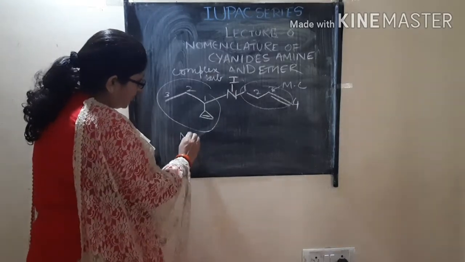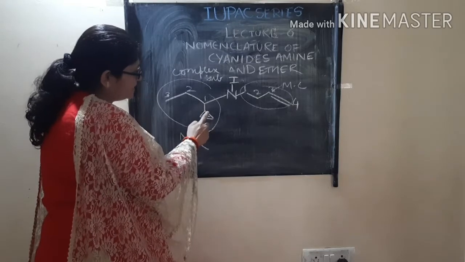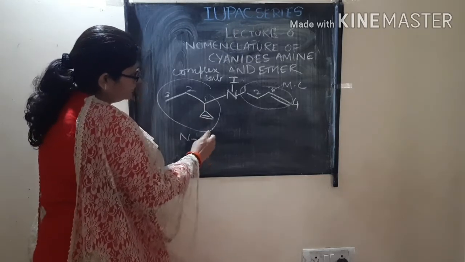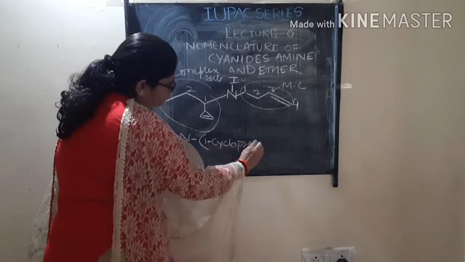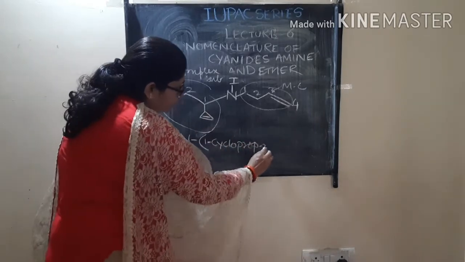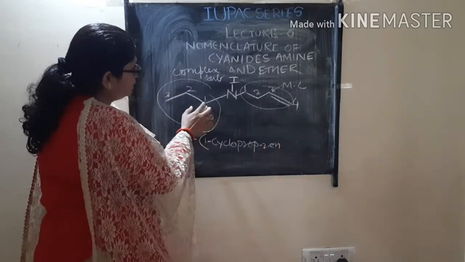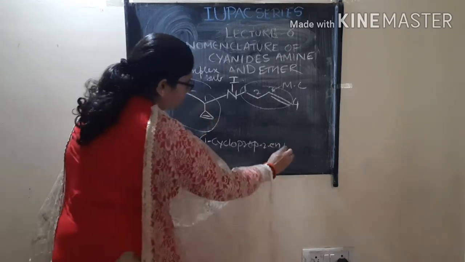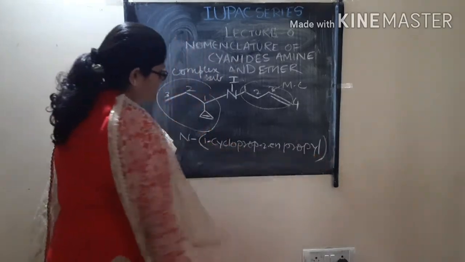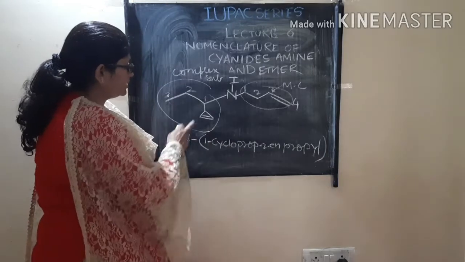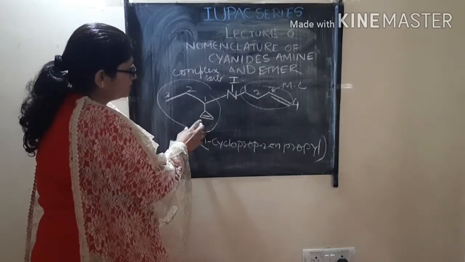It will be N. At the first position you can see the branching. It will be 1-cycloprop-2-en-yl, then how many carbons? 1, 2, 3, propyl. This is how you will name this complex substituent.